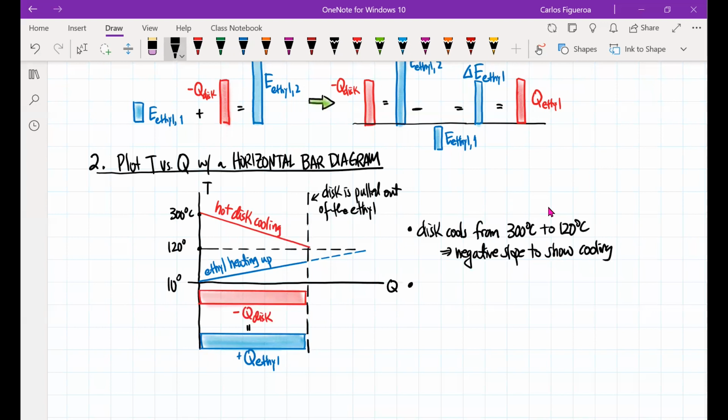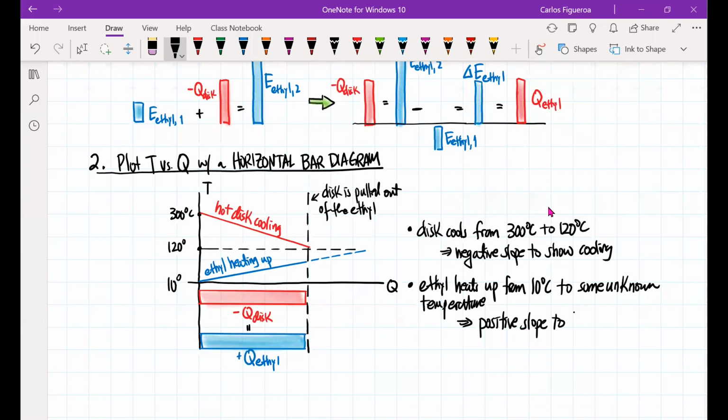And then you have the ethyl heats up from 10 degrees C to some unknown temperature. But this implies that you're getting a positive slope to show heating. And that's what that graph is doing right there.